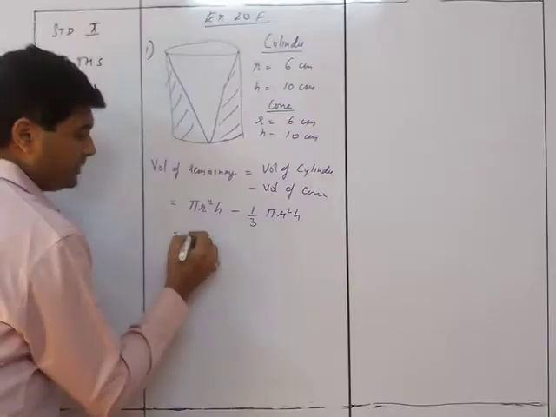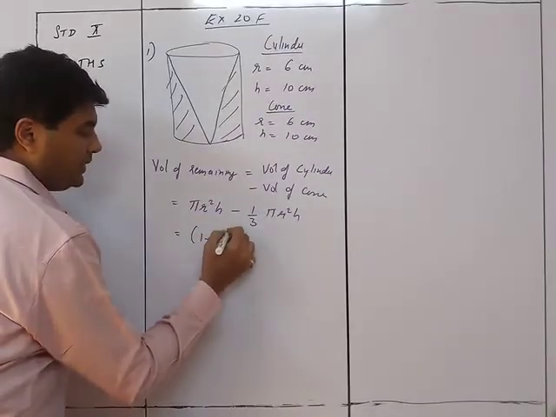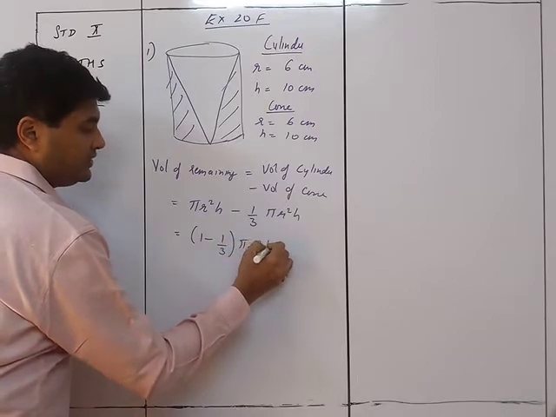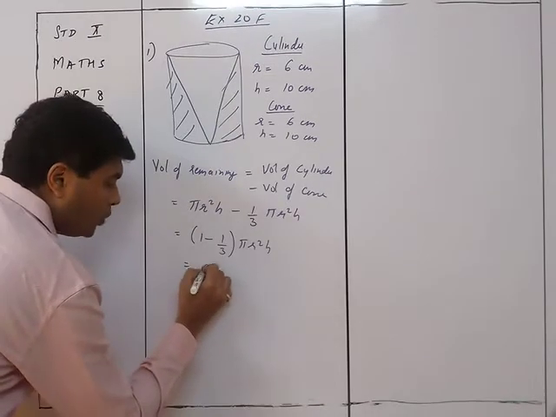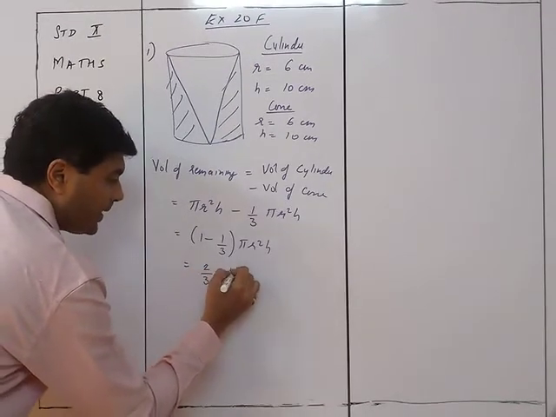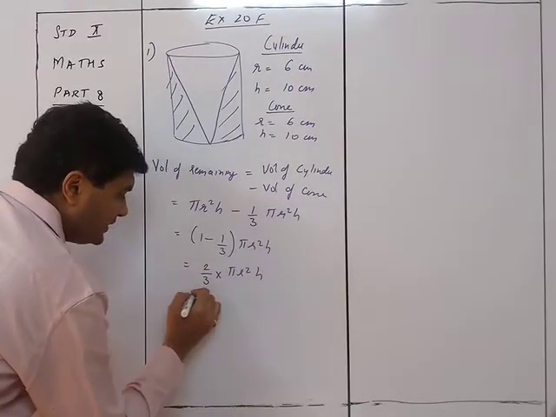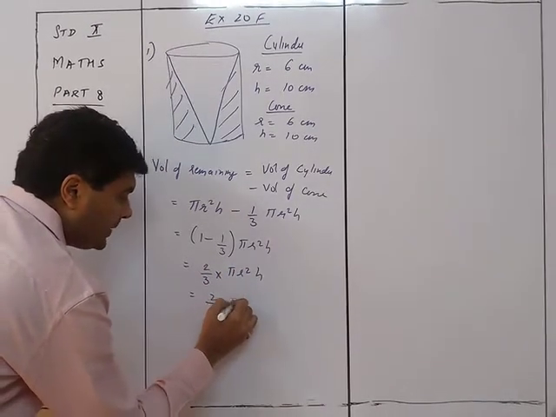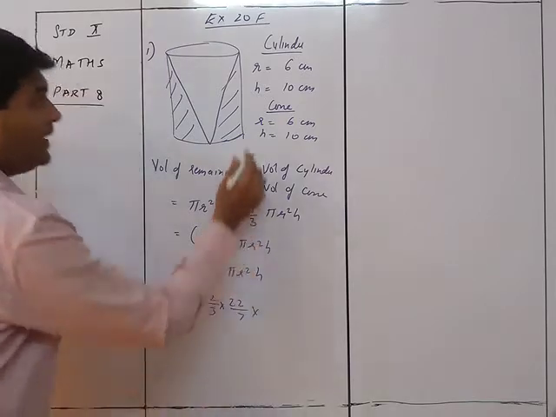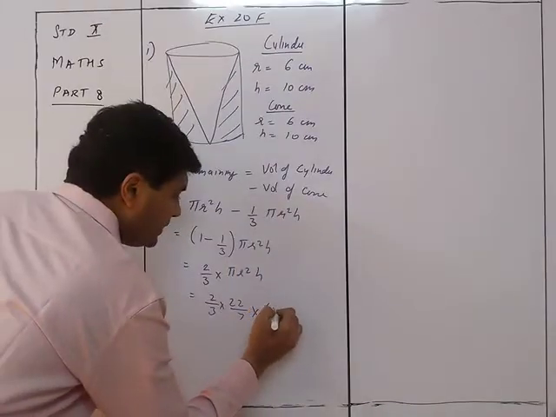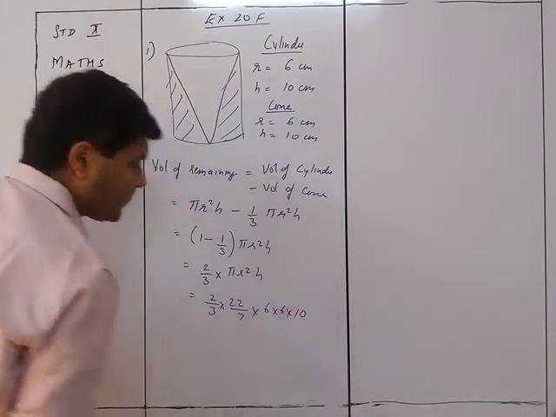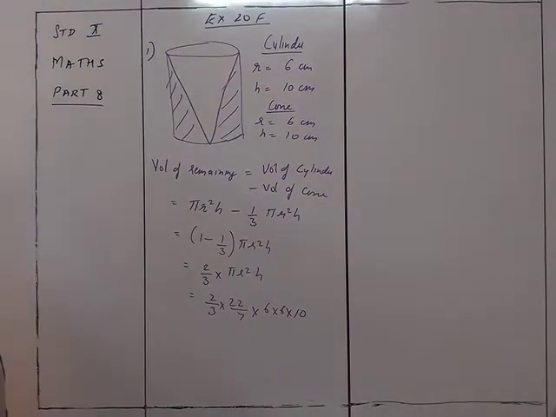Pi r square h is common, so 1 minus 1 upon 3 times pi r square h, that will be 2 upon 3 into pi r square h. That is 2 upon 3 into 22 upon 7 into r is 6, into 6, into 10. Right?